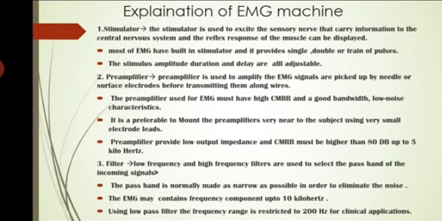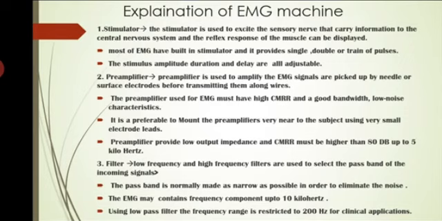It is preferable to mount the preamplifier very near to the subject using very small electrode leads. Preamplifiers provide low output impedance, and CMRR must be higher than 80 dB up to 5 kHz.